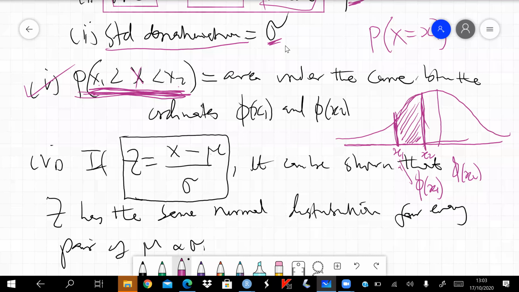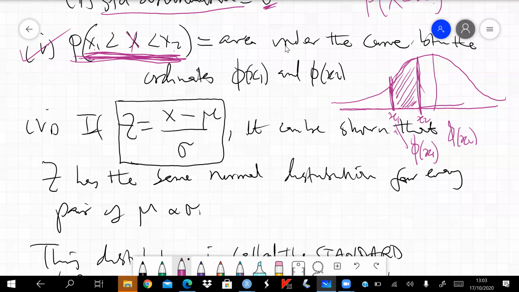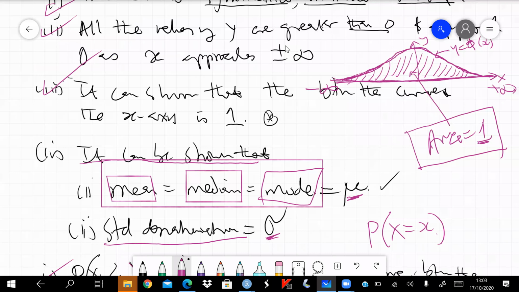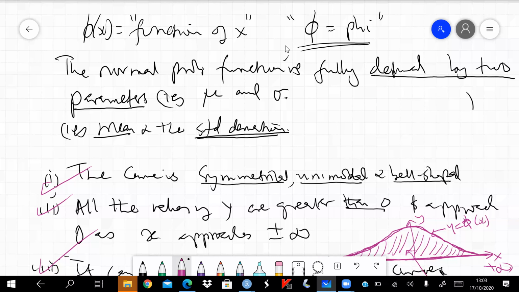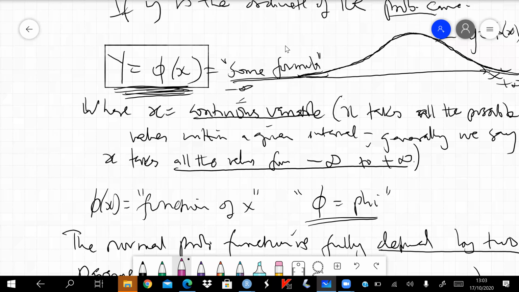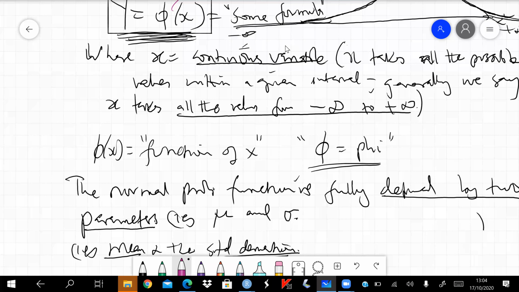Then property number 5. And this is a very important property because as you've noticed, we have not given the specific formula for the normal distribution. We only gave a very general function here, that y is a function of x, of course, when you are given mu and sigma. So we shall be avoiding the general formula of the normal distribution, and we shall be using a simpler definition here, which we shall be denoting by letter z.